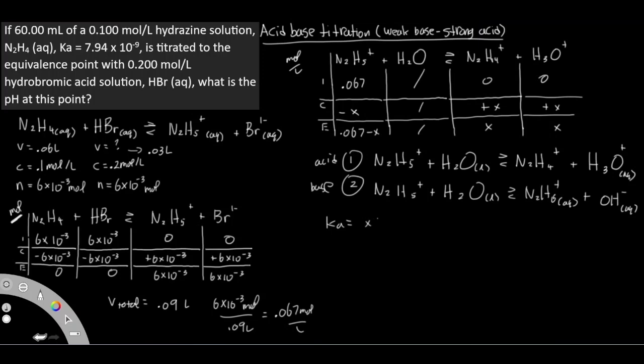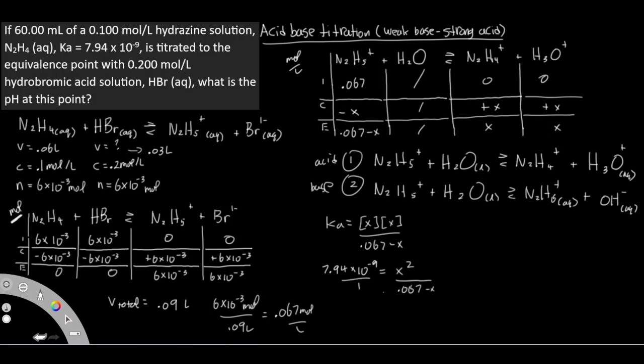We get x times x all over 0.067 minus x. Do we have a Ka value? Yep, the Ka value, as written in the question, is 7.94 times 10 to the negative 9.